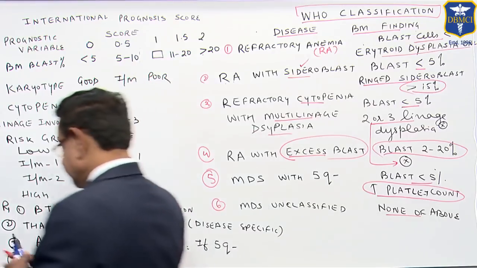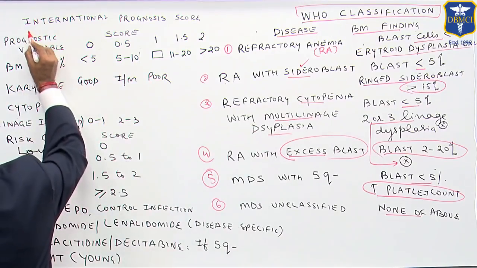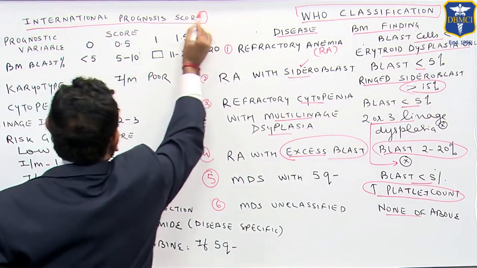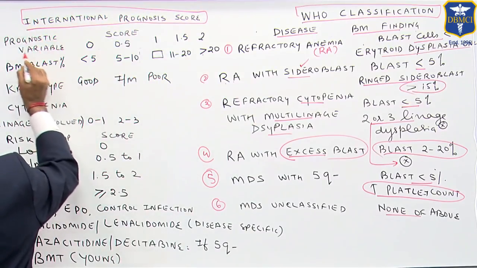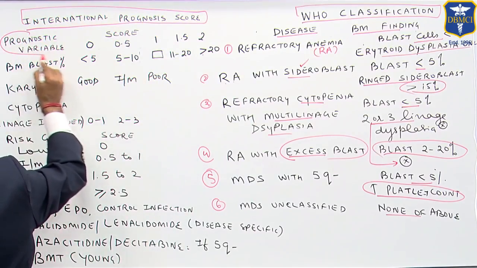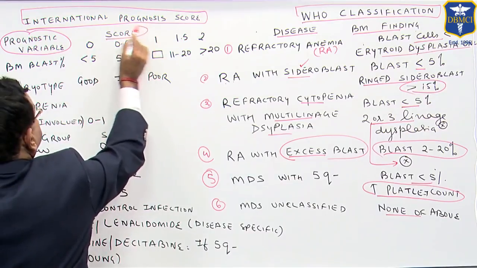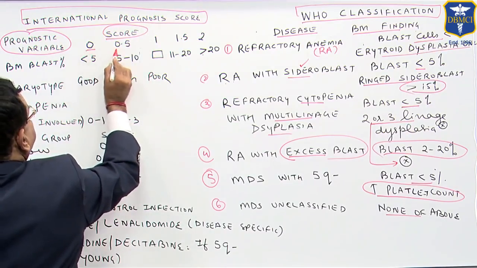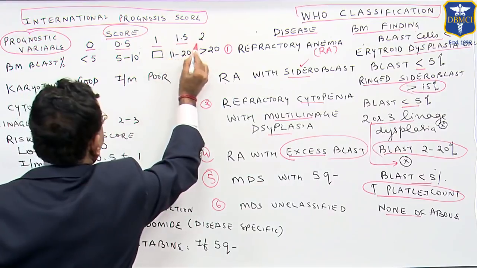Now let's see what is the international prognostic score. The prognostic variable and score. Score is 0, 0.5, 1, 1.5 or 2.